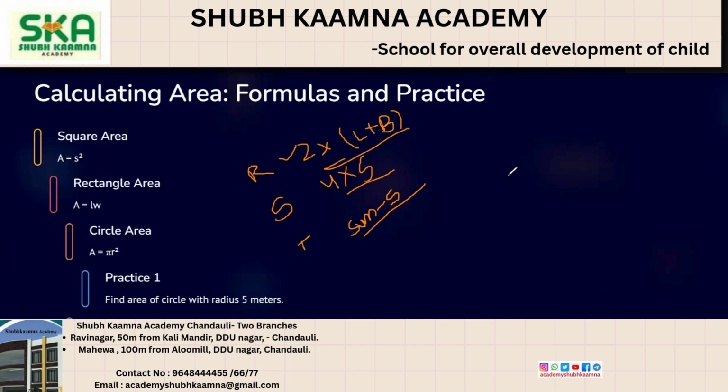Now, let's talk about the areas. There are a few more formulas through which we can calculate areas. So, for rectangle, we'll calculate the area with the formula length into breadth.